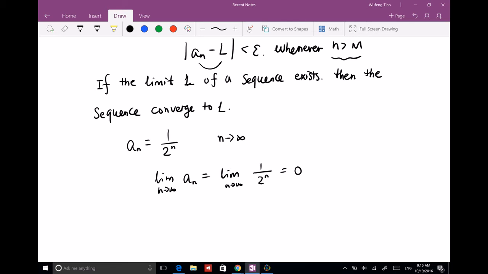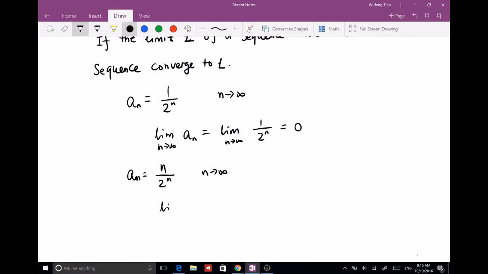Or you have another one, for example, an equals n over 2 to the power n. As n goes to infinity, the limit of an equals the limit as n goes to infinity of n over 2 to the power n. Well, this is the infinity over infinity form.